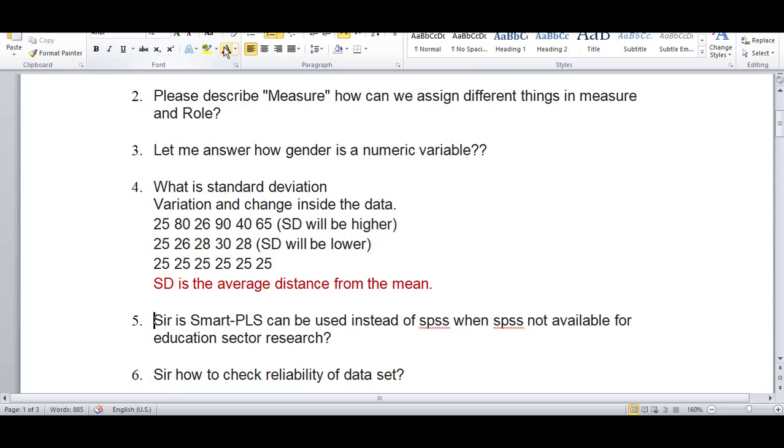Number 5, can Excel be used instead of SPSS when SPSS is not available for education sector research? Actually, Smart PLS is used for other kinds of analysis, like structural equation modeling.